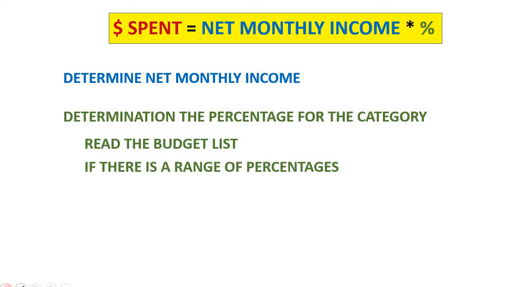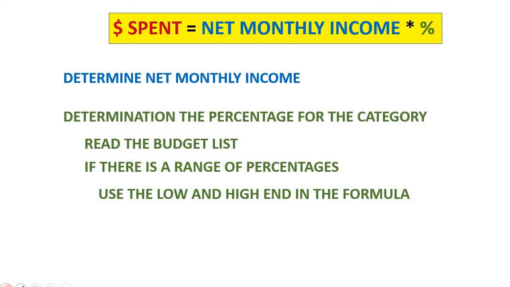And if there's a range of percentages, and you saw a few examples with the food and utilities and insurance, we're going to use the low and the high end in the formula. So here's our formula. We chose the low end for the percentage to find out the minimum amount we want to set aside, and the high end so we know this is the maximum amount that I want to spend in that category in any month. Okay?